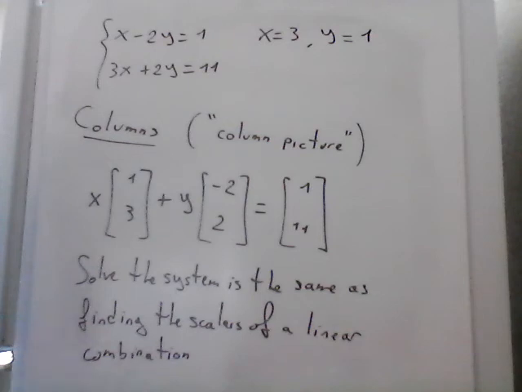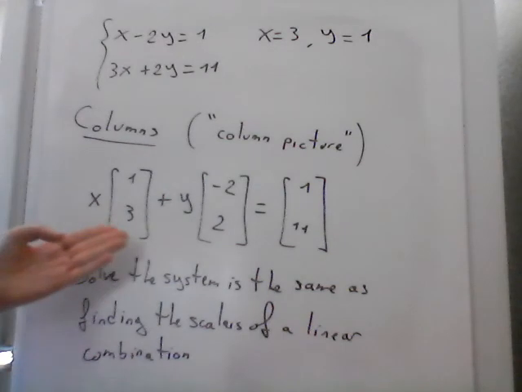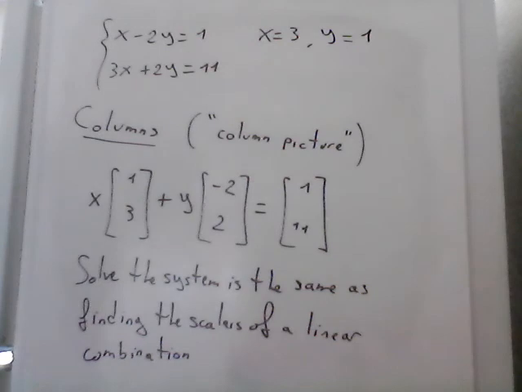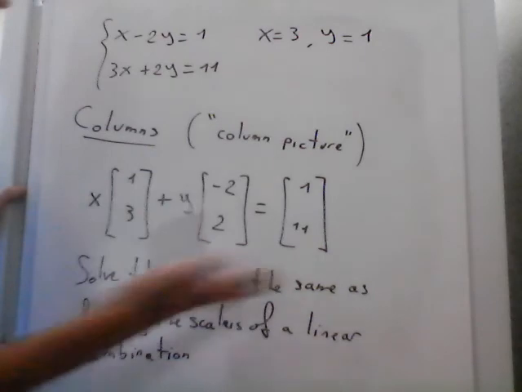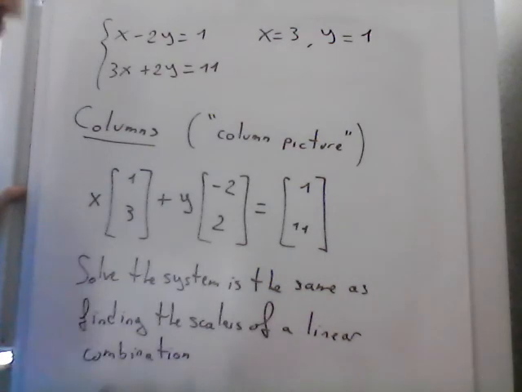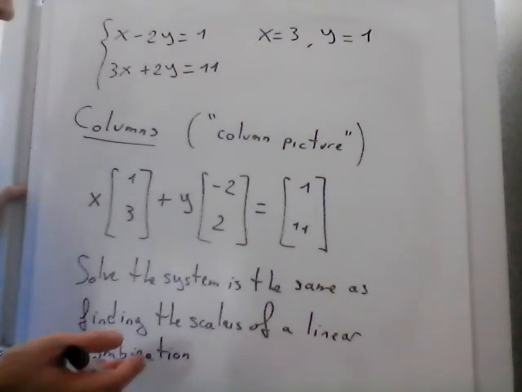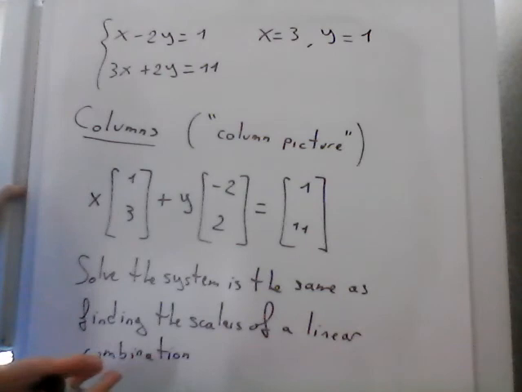Okay. So whenever you want to determine whether a vector is a linear combination of the other vectors, you set up a linear system that is interpreted in this way. And if you find solutions, then the vector is a linear combination of the other vectors. If you don't find a solution, then it is not a linear combination.